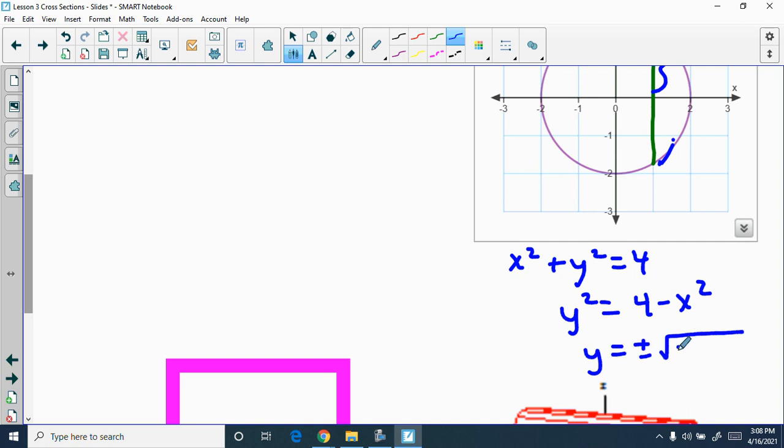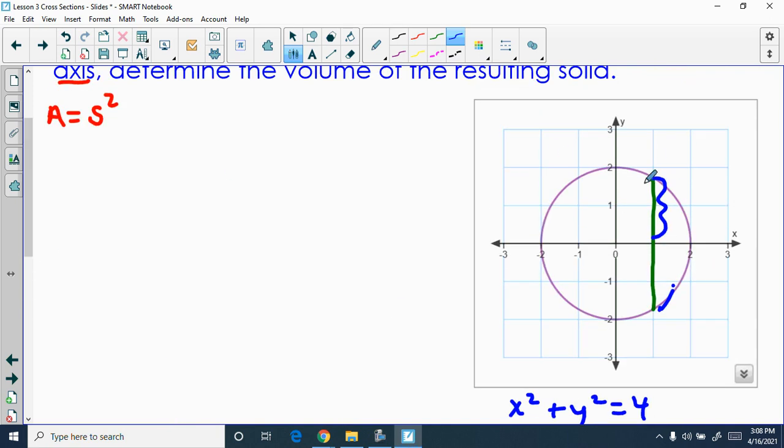So we get plus or minus the square root of 4 minus x squared, which means the distance from the top part of the circle to the center is the square root of 4 minus x squared. From the bottom of the circle to the center is also the same distance. So to get the full distance, we add them together. So our side length is equal to 2 times the square root of 4 minus x squared.